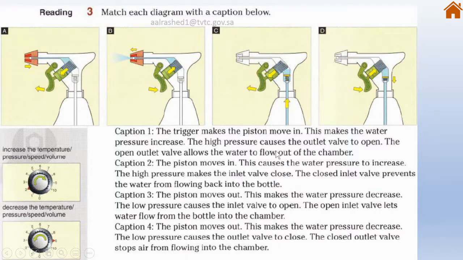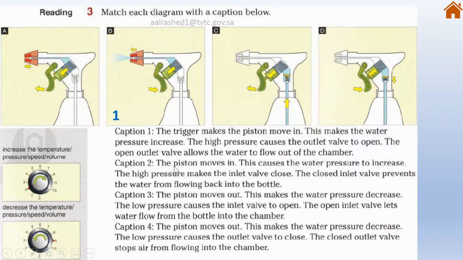Okay, the water has flowed out. Flow out means goes. The answer for 1 is B. You can see the water that goes out. So this is the description of what is happening in B.